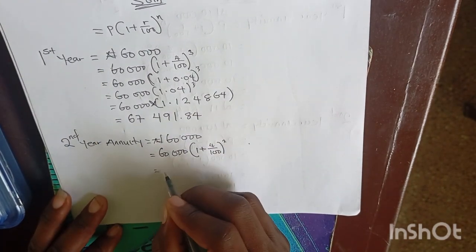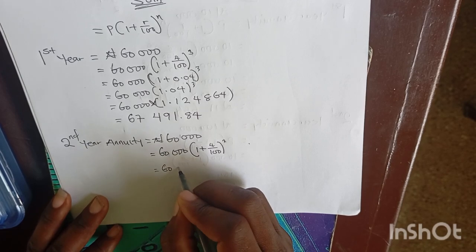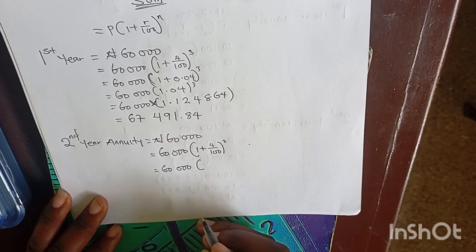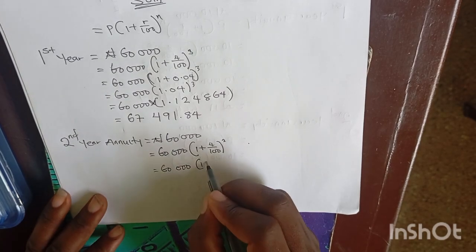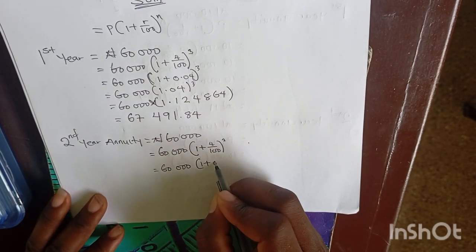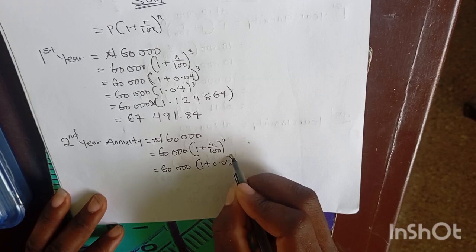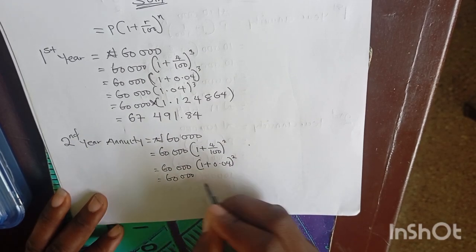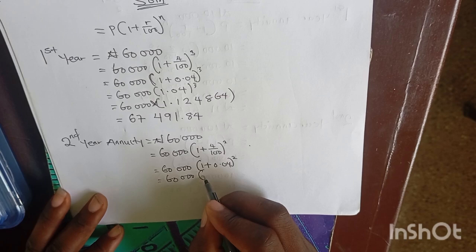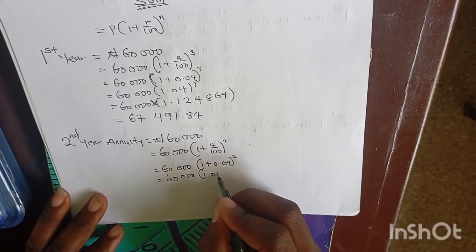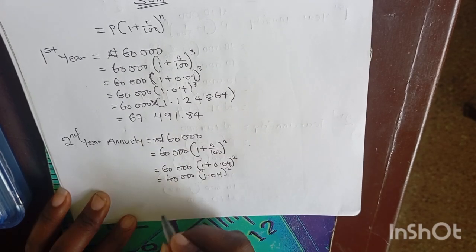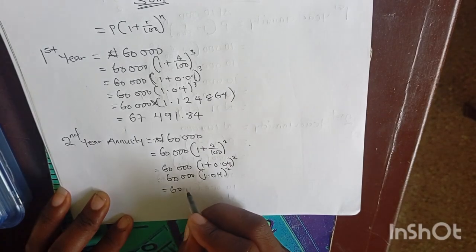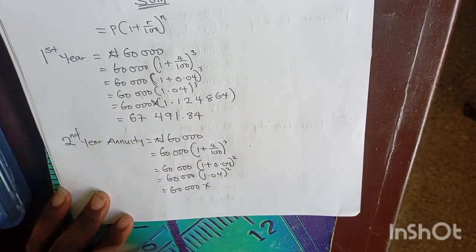That is 60,000 open bracket 1 plus 0.04 raised to the power of 2, which is 60,000 open bracket 1.04 raised to the power of 2.